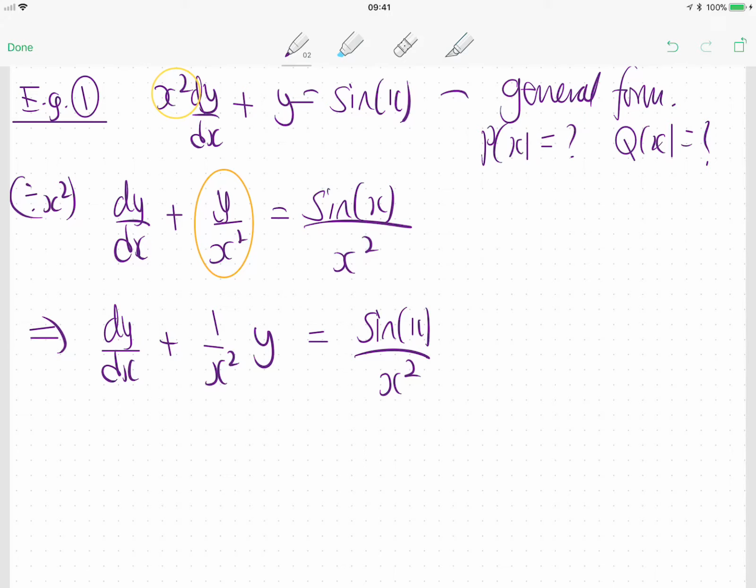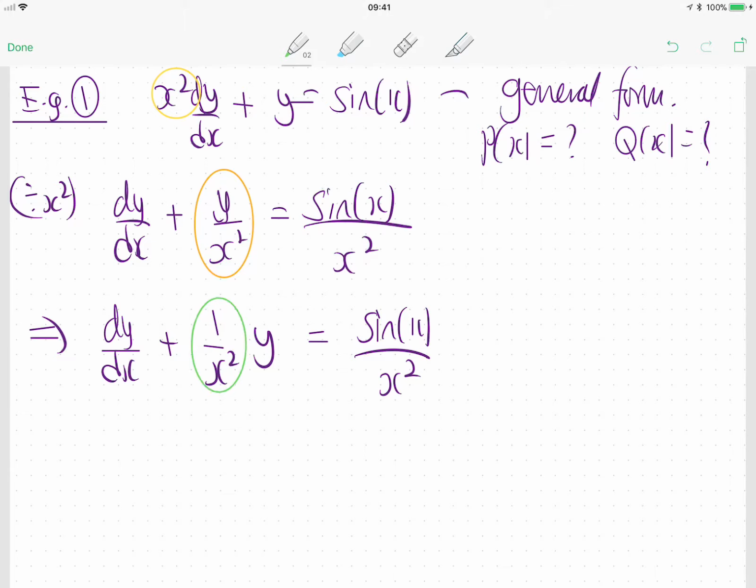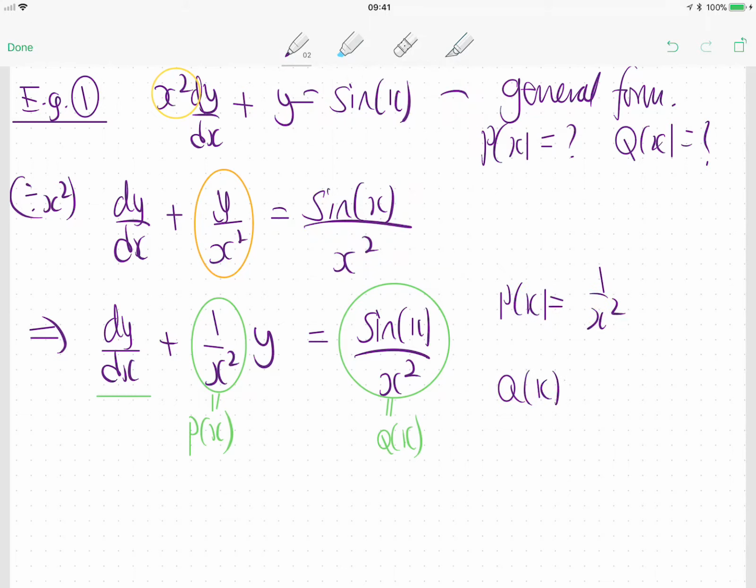Okay, so now when I compare with the general form, I can see whatever sits in front of y is p of x, and whatever sits on the right hand side when dy dx is isolated is q of x. So p of x is 1 over x squared, and q of x is sine x divided by x squared. Okay, so this is the general form.